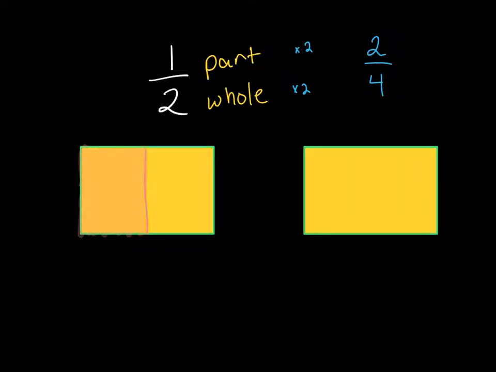And now let's divide this rectangle into 4 parts, since 4 represents my whole rectangle. And then we shade 2 parts, since the top number or the part is 2.